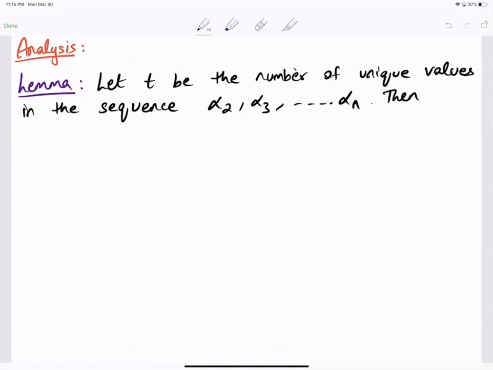Then the expected value of T will be order of log n.